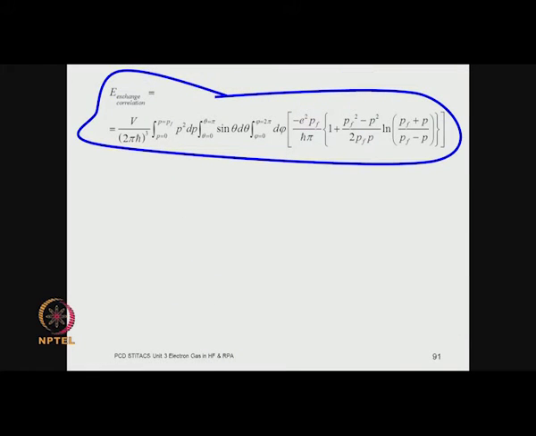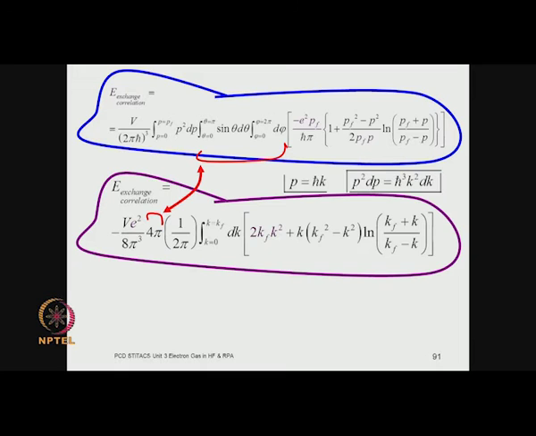And if you look at this expression, here again the angular integration gives you a factor of 4 pi as before, and the integration is over P, which you can easily translate to integration over K, because P is nothing but h cross k. So, P squared dP will become h cross cubed k squared dk, right.